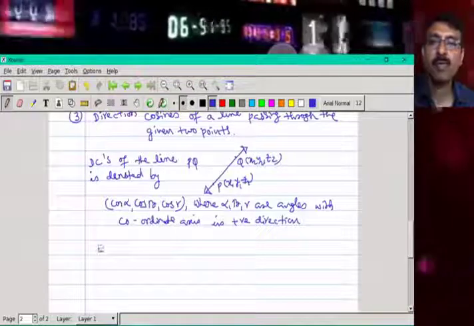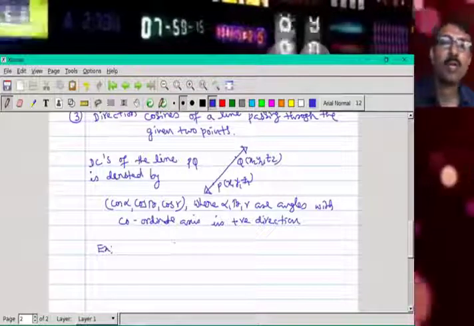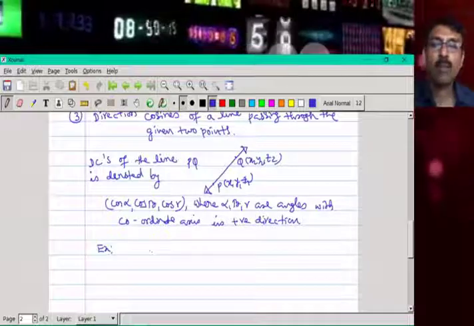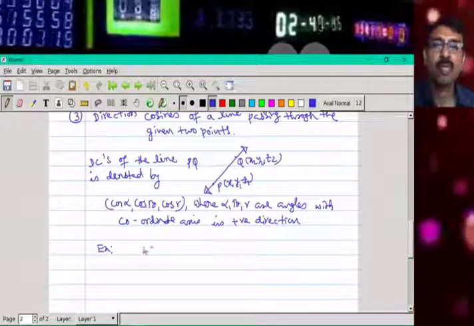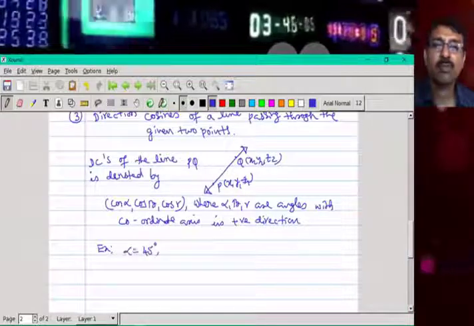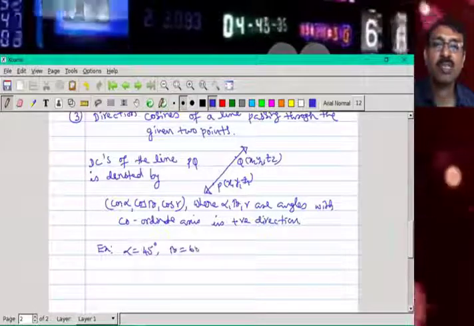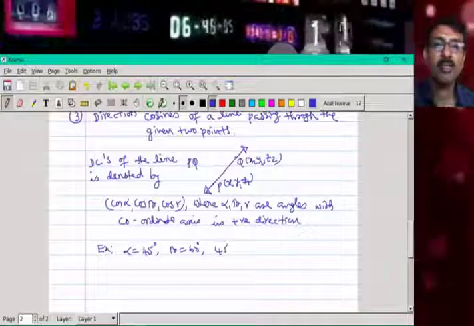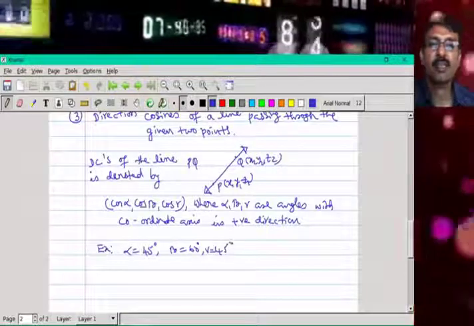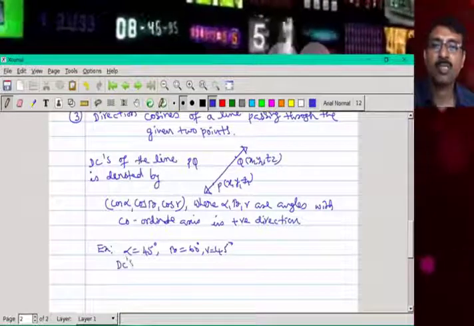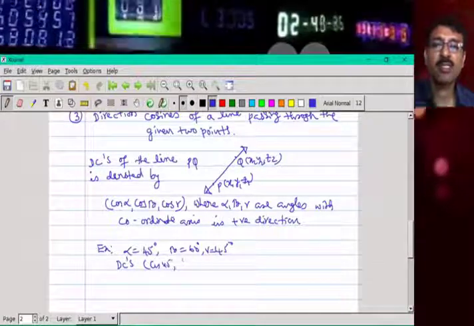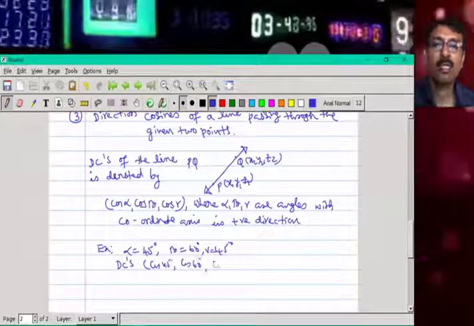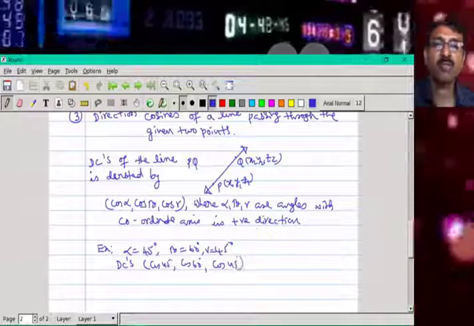For example, if the particular line PQ makes 45 degrees with the x-axis, 60 degrees with the y-axis, again 45 degrees with the z-axis, then the DCs of the line are cos 45 degrees, cos 60 degrees, cos 45 degrees.